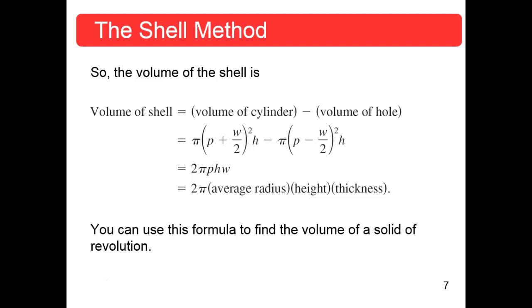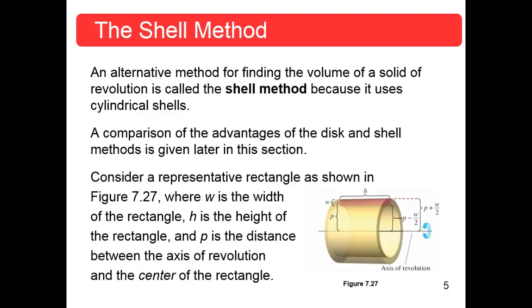Now, you can use that formula to find the volume of a solid of revolution. Now let's go back. If you had just said, let's just take that as the average radius, P, 2 pi P. Here's what I want you to do. Take your scissors, cut anywhere, I don't care where, along that shell and flatten it out.